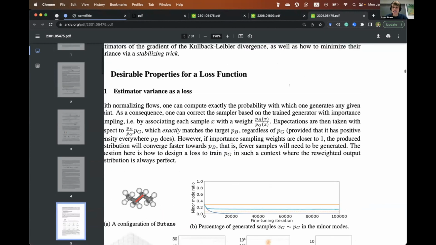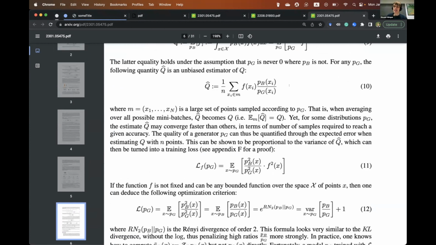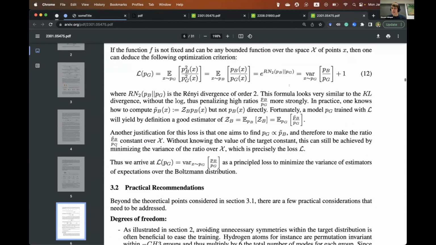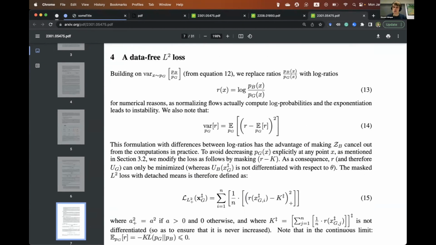So basically the idea there, just to summarize for everyone who is not familiar with this paper, is that, as the title says, they also want to design loss functions which ideally allow us to learn Boltzmann distributions without a lot of MD samples.